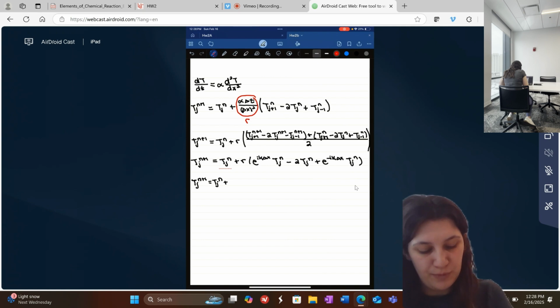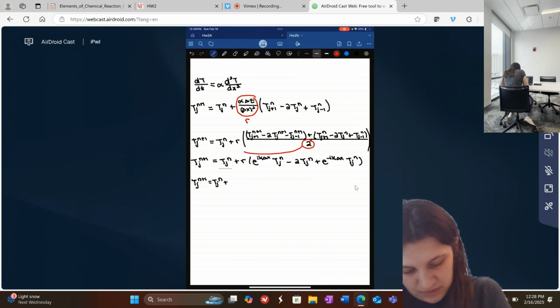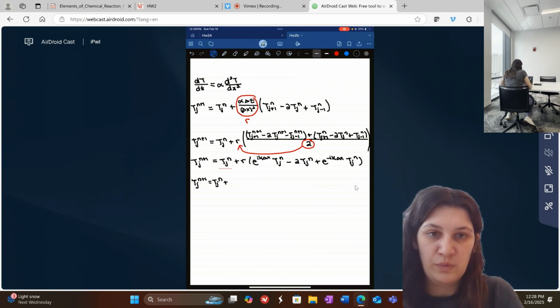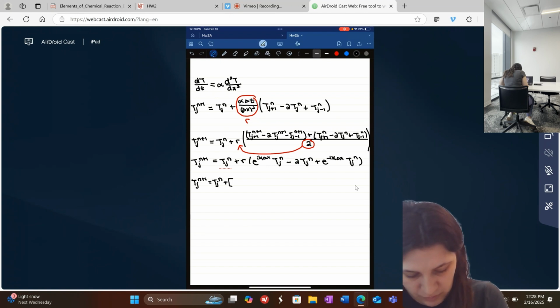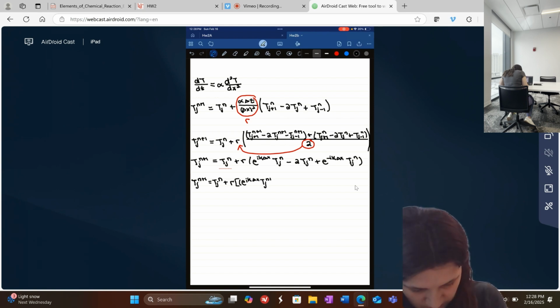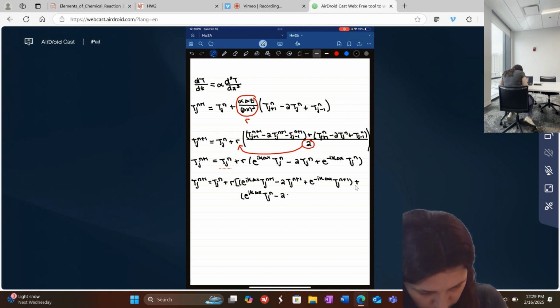The other thing we want to do before we go too much farther is take this 2 and lump it in with our r value, just to make writing things down simpler. So we end up with r times e^(ikΔx) times Tj n+1 minus 2 times Tj n+1 plus e^(-ikΔx) times Tj n+1, plus e^(ikΔx) times Tj n minus 2 Tj n plus e^(-ikΔx) times Tj n.